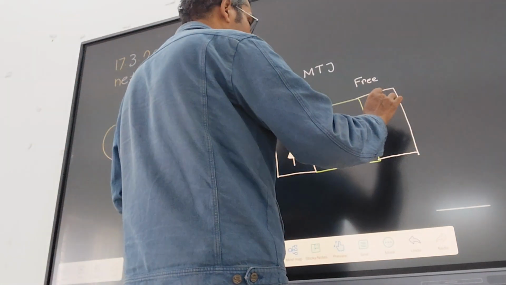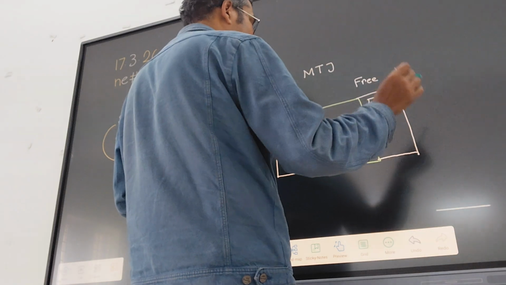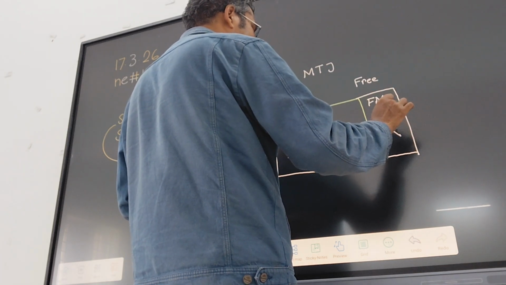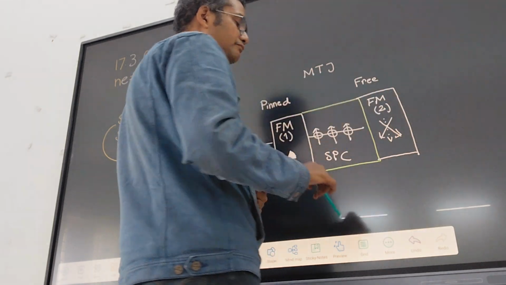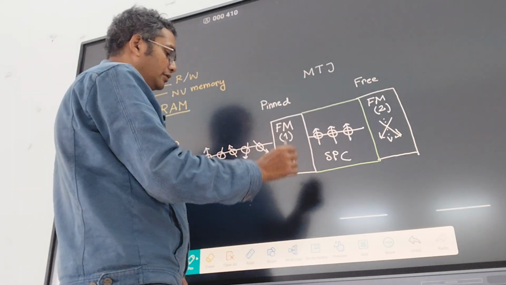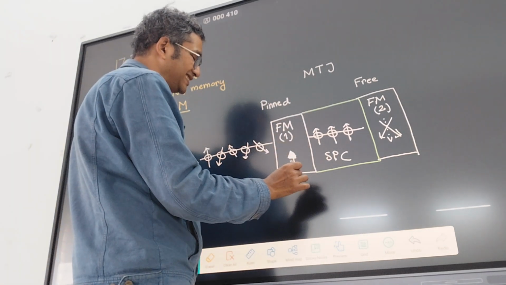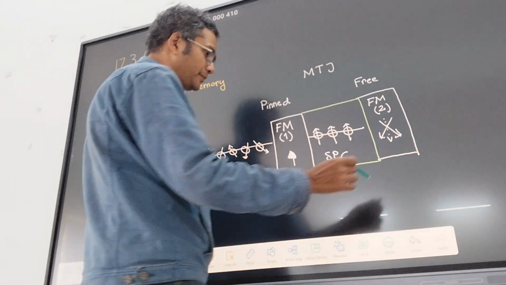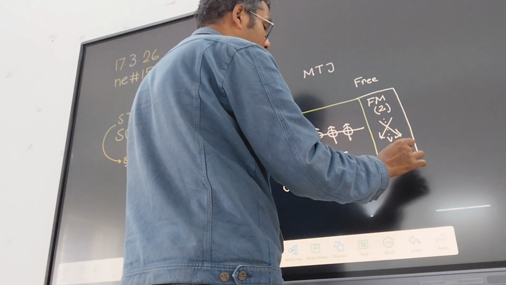Maybe it is in this direction, but it can change to this, it can change to that. It is free. So we make this from CoFeB, and we make this also from CoFeB. Both of them are ferromagnets.